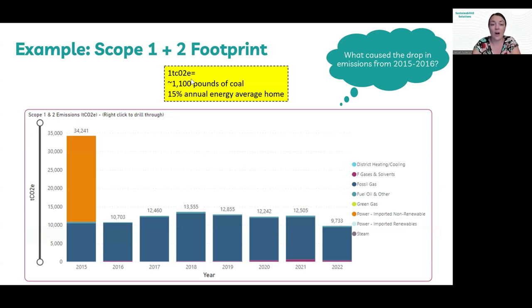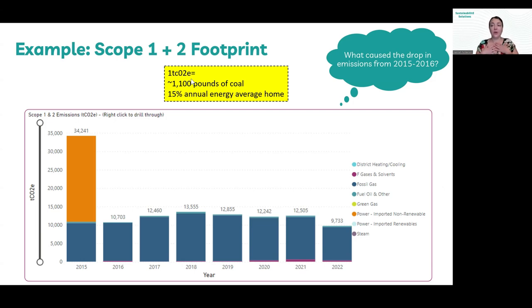For scale, 1 ton of CO2 equivalent is roughly 1,000 pounds of coal that has been burned, or 15% of the annual energy use of the average US home. So do the math, multiply that by 34,000, and you can start to see why those numbers add up very quickly in industry and all these companies that we work for.